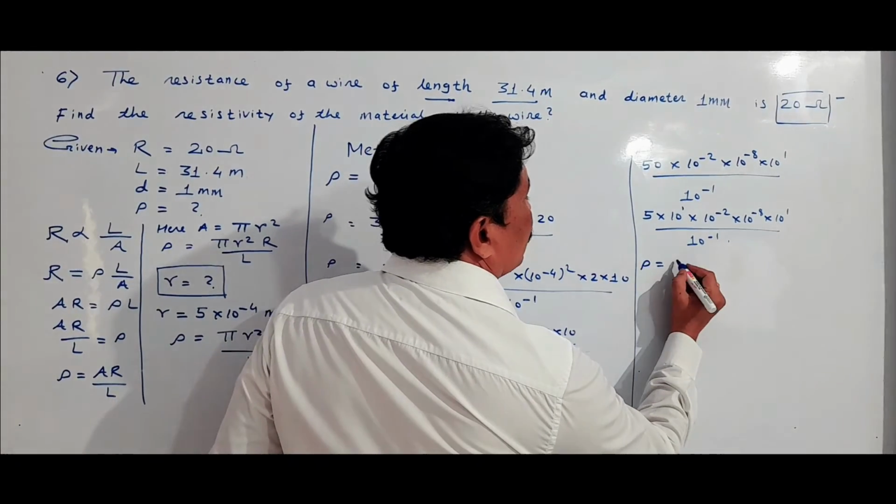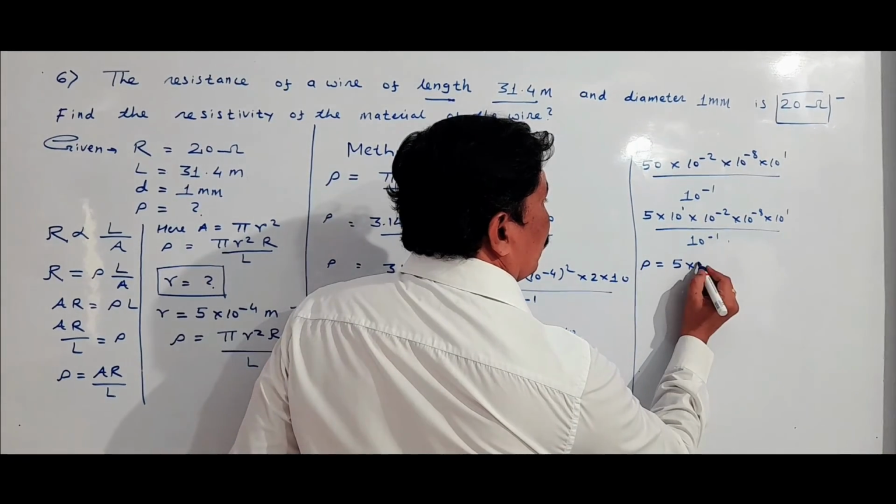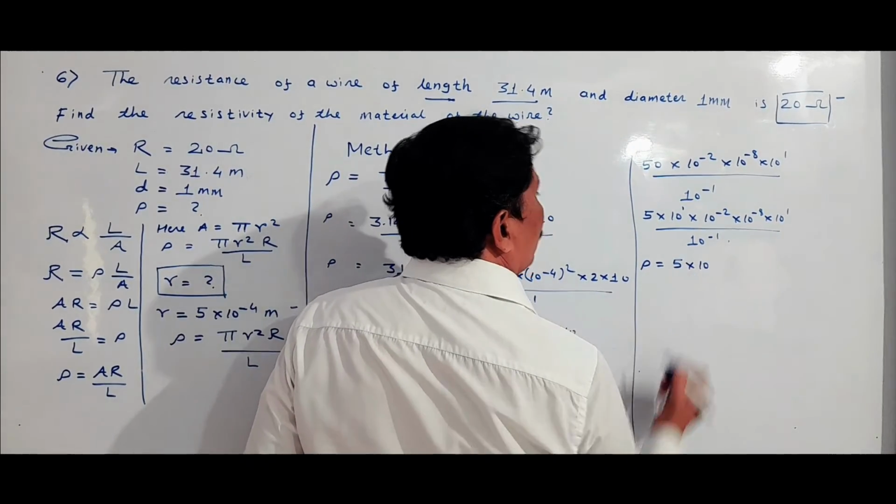Resistivity of a material is equal to 5 into 10.